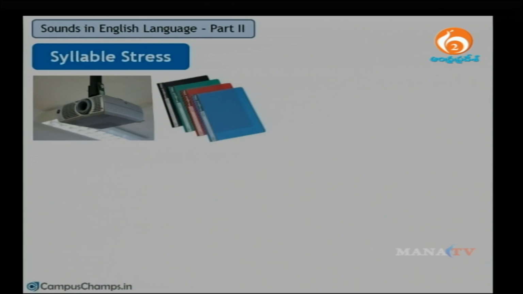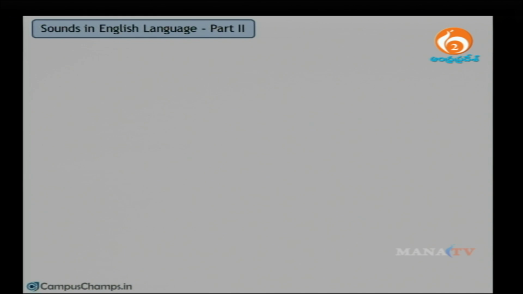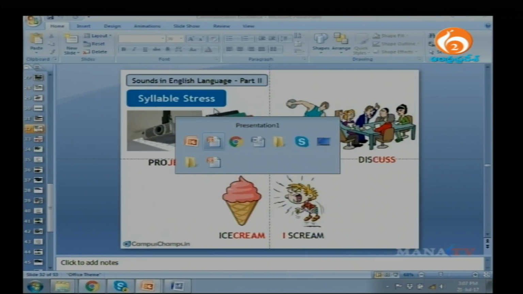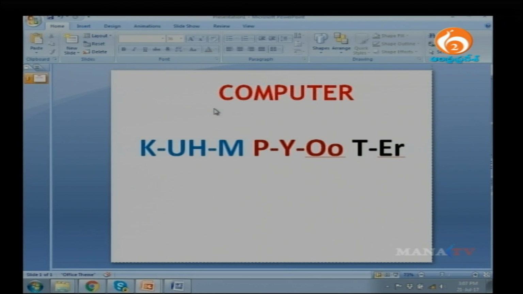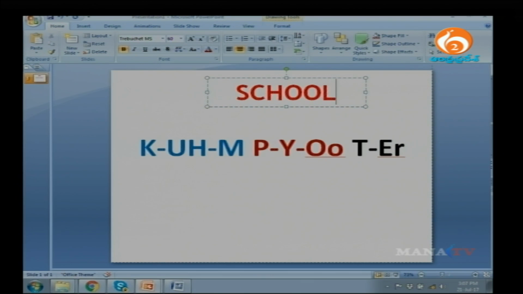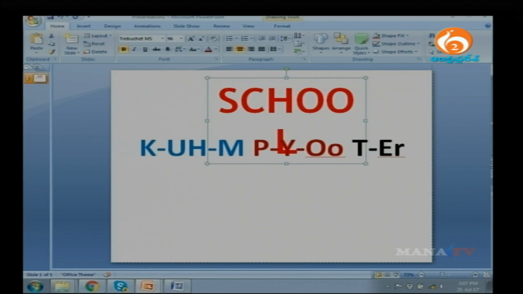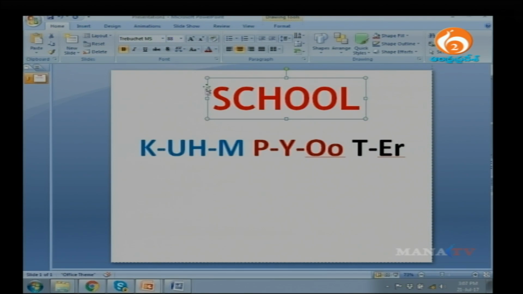Before I move to syllable stress, I will tell you quickly why understanding syllables is important. I have a word here which is school. Okay, let me change the color.